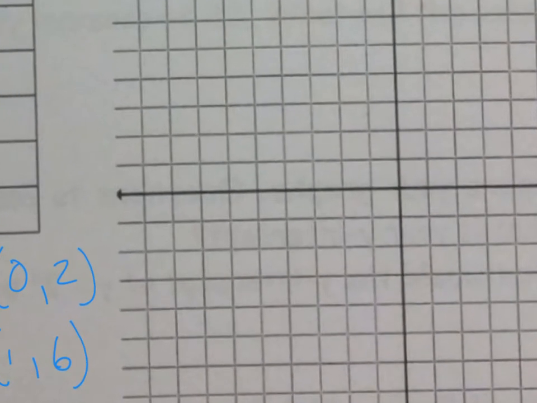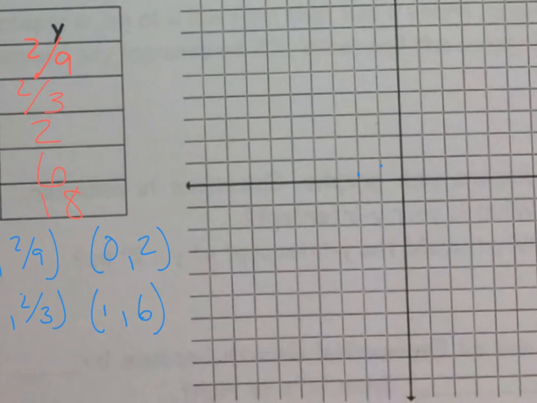Negative 2, 2 ninths: here's negative 2, 2 ninths is going to be right here. Negative 1 and 2 thirds. 0, 2 is right here. And 1, 6: 2, 3, 4, 5, 6.